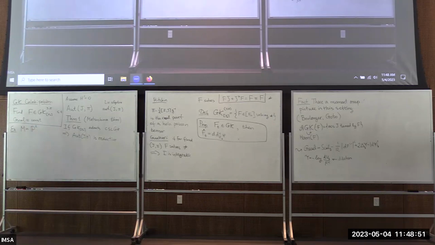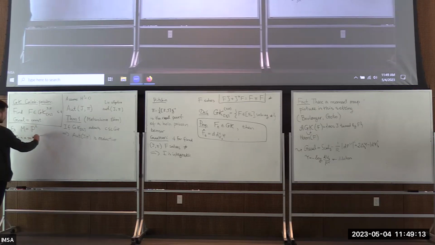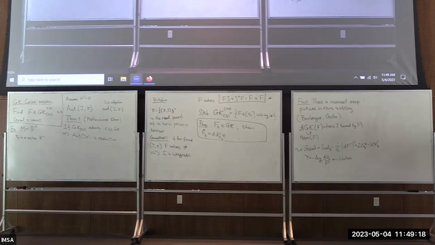And as my Poisson structure, if I choose the zero Poisson structure, that's the classical Calabi problem. We have to study a metric which has constant scalar curvature. What if I choose a non-trivial Poisson tensor? So what is a Poisson tensor really? A Poisson tensor, in this case at least, is a section of the anti-canonical bundle. Basically, what we are choosing is an anti-canonical divisor on P2, plus some extra data related to the section and divisor.